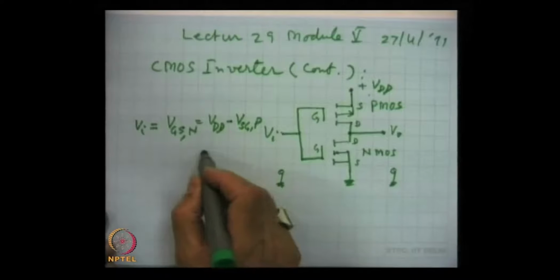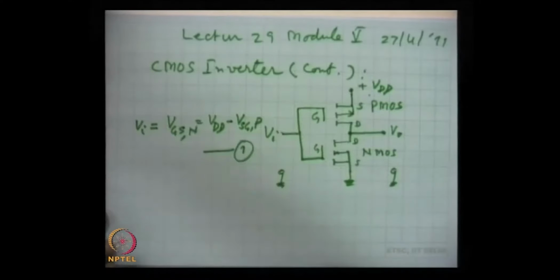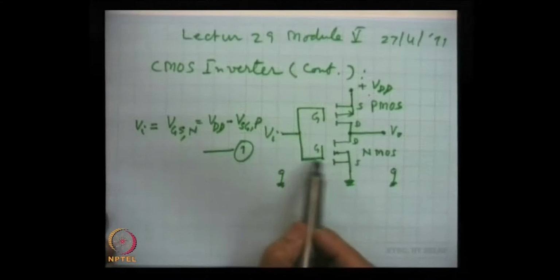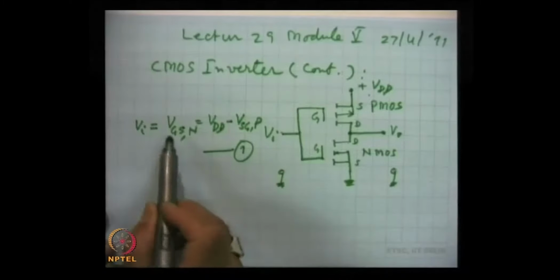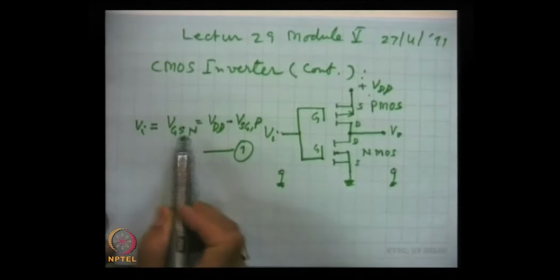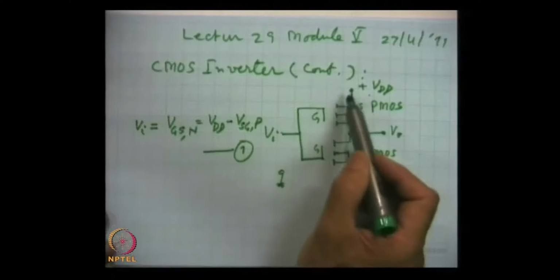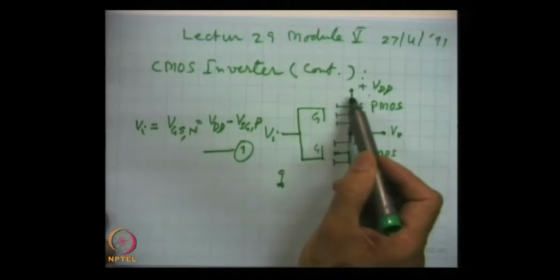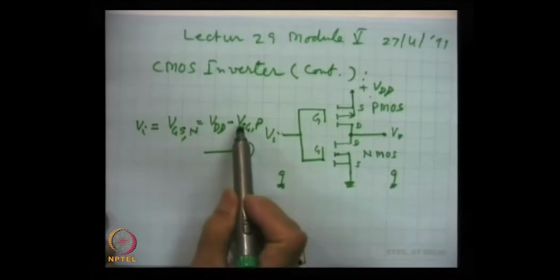This is equation 1. The input is equal to this voltage VGSN, and that is also equal to VDD minus VSGP.